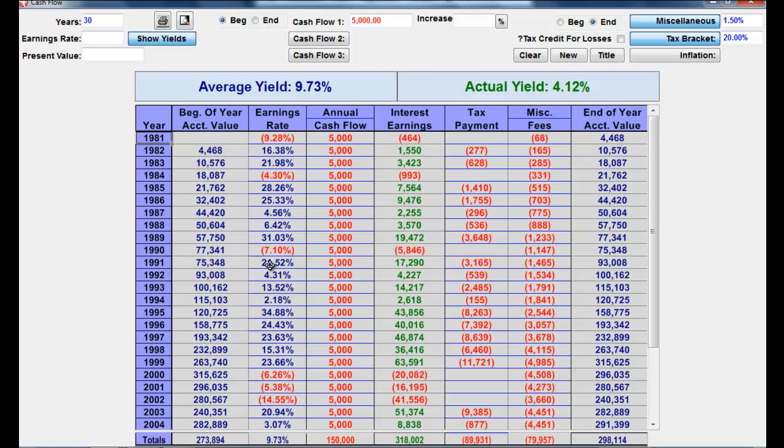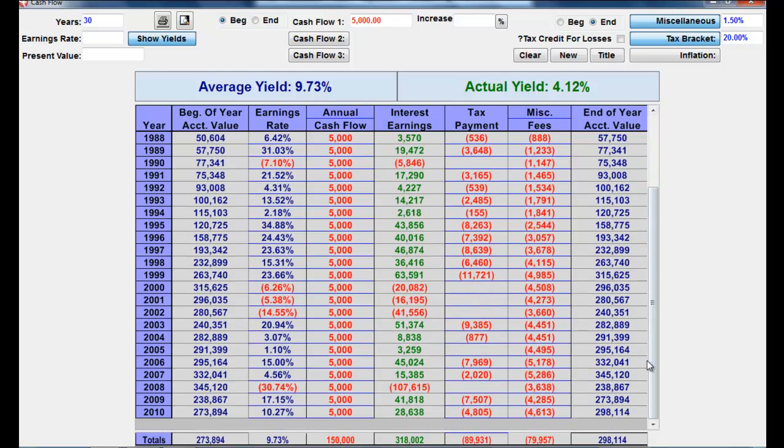CPI is the Consumer Price Index, and looking at that calculation, it basically means that over time, the actual money that we have is going to lose value by 3.6% per year.